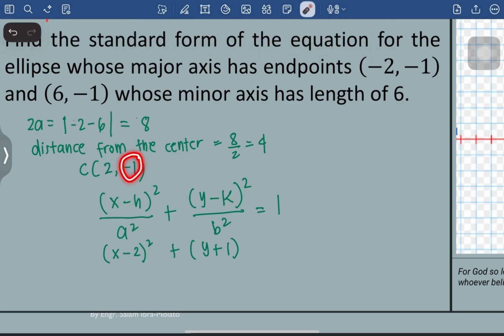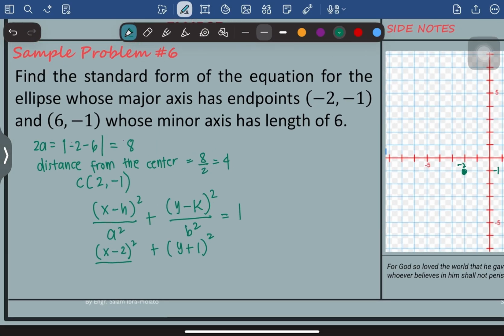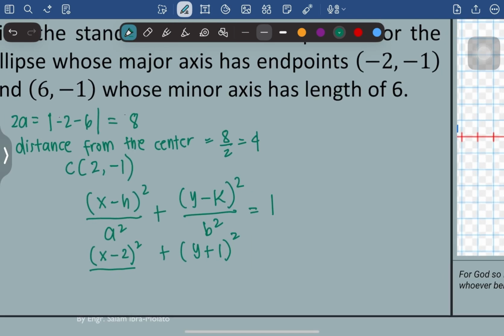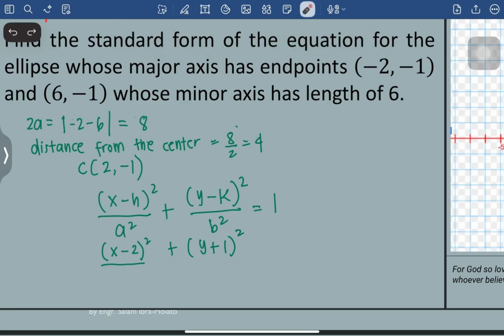Since it is negative, it becomes positive, so we write the opposite sign. Then the distance of the semi-major axis is 4.